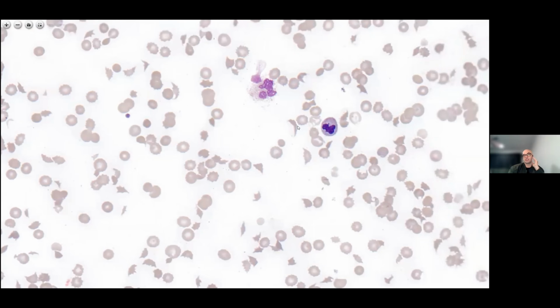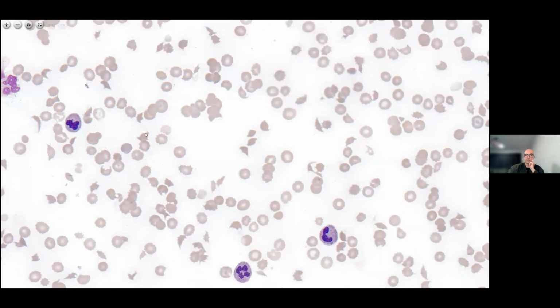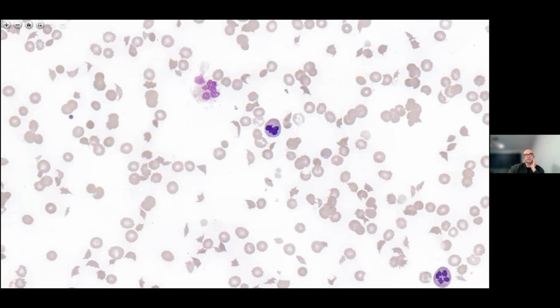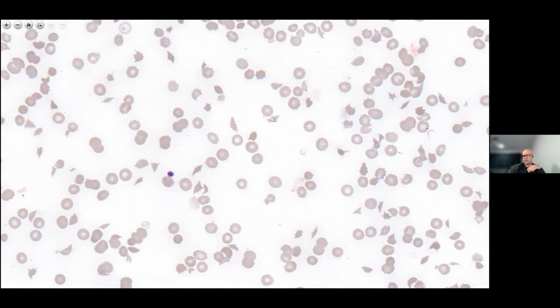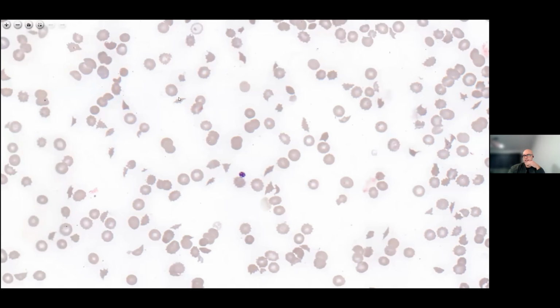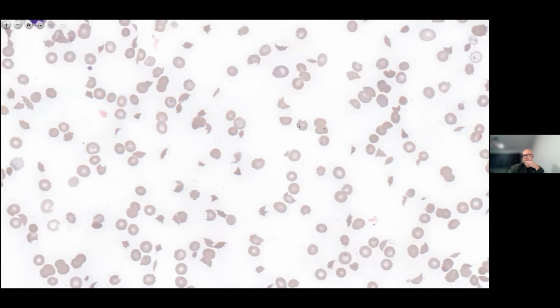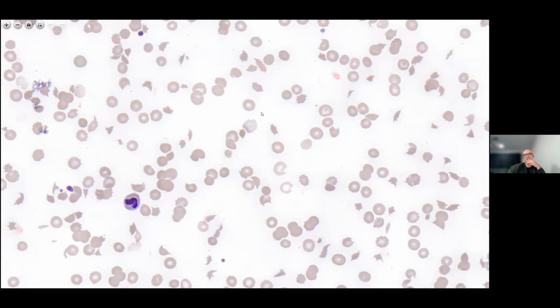It's a dysfunction of the microvascular system that's causing mechanical hemolysis, essentially. And I won't go too much into why we're seeing these on the film until the end, because I don't want to give too much away.